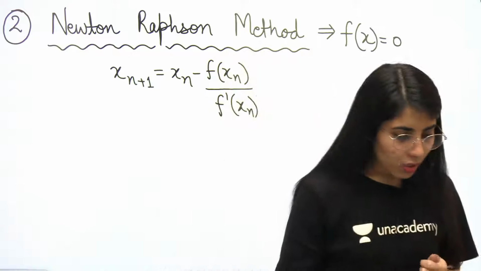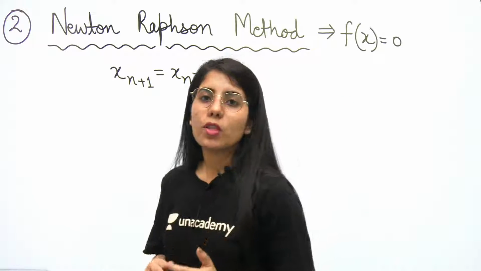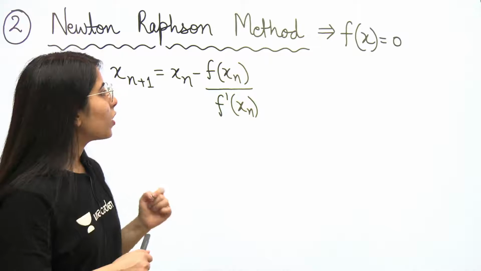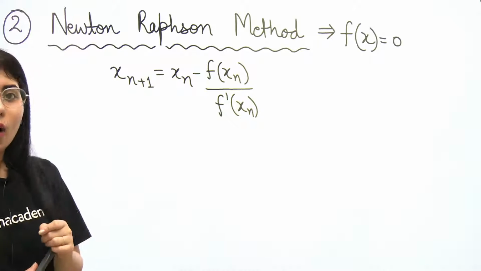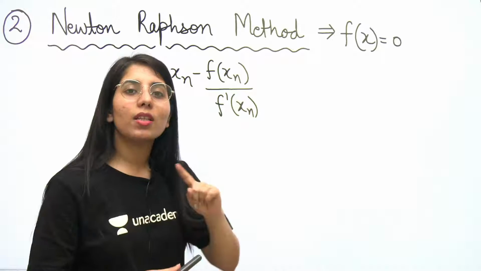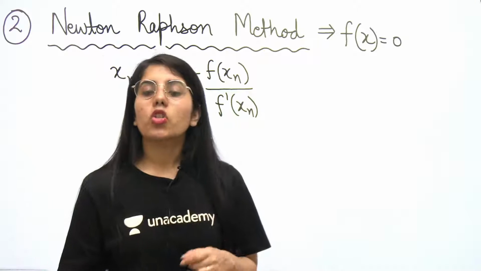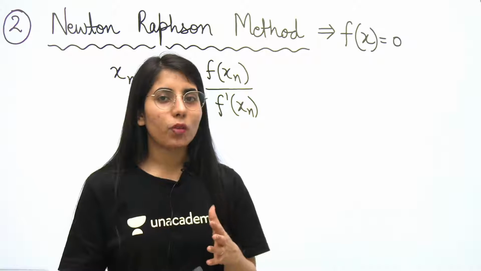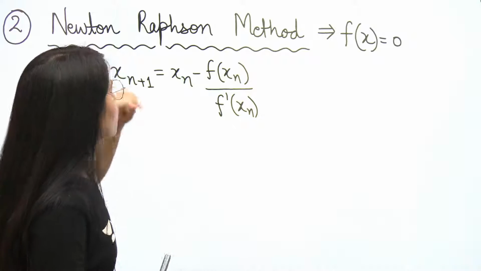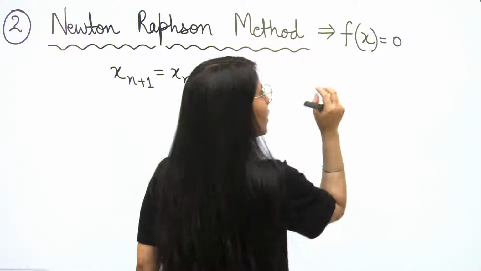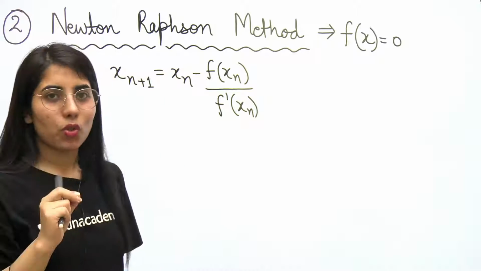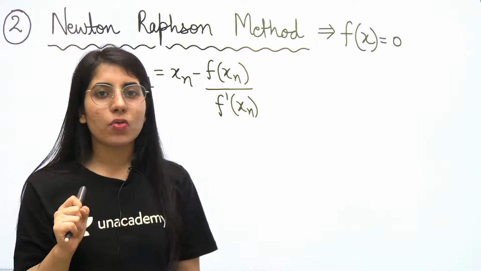And if it is mentioned in the question that you have to use the Newton-Raphson method, then you will have to start solving the question in the same way as we were considering it in the bisection method. So what will be the actual steps you have to take? See here, first of all you have to consider the initial guess values. And what will these initial guess values be?